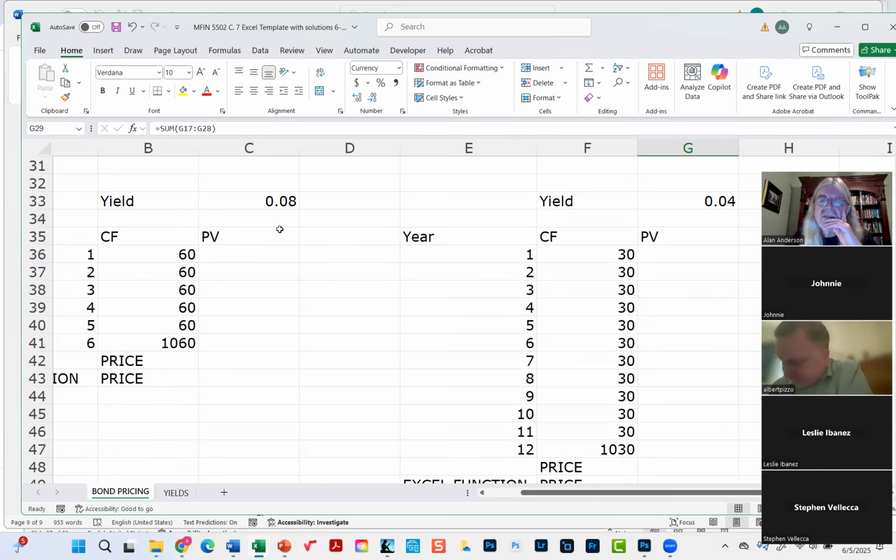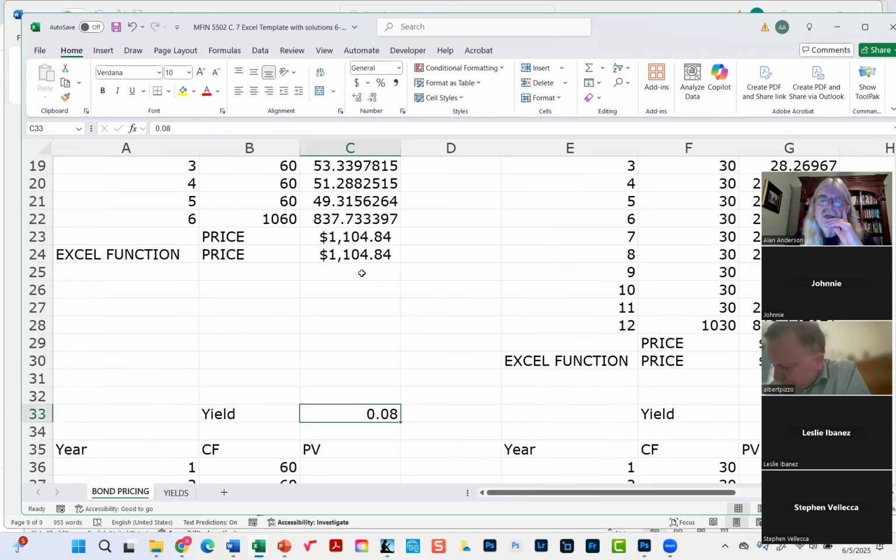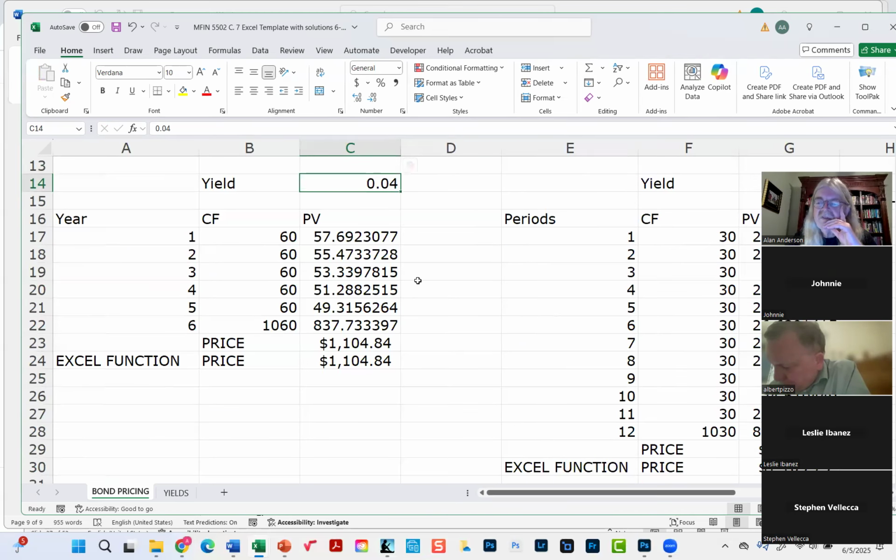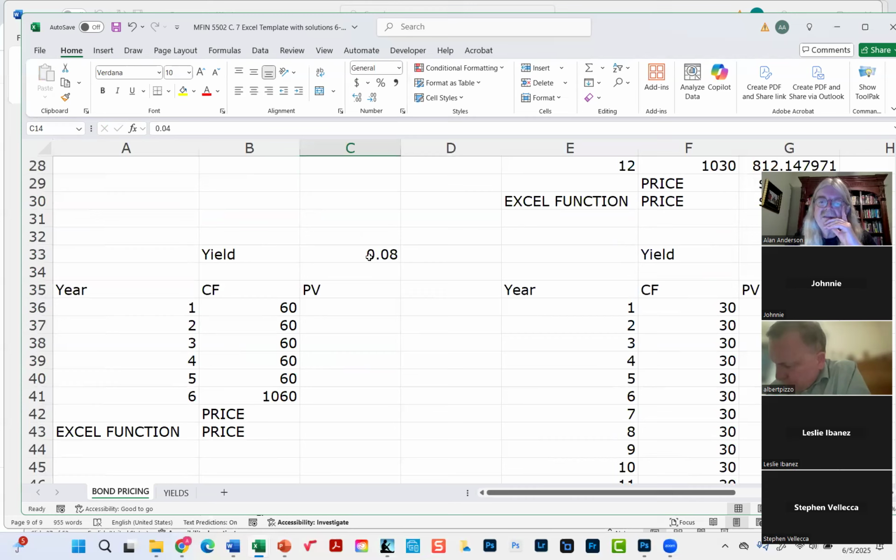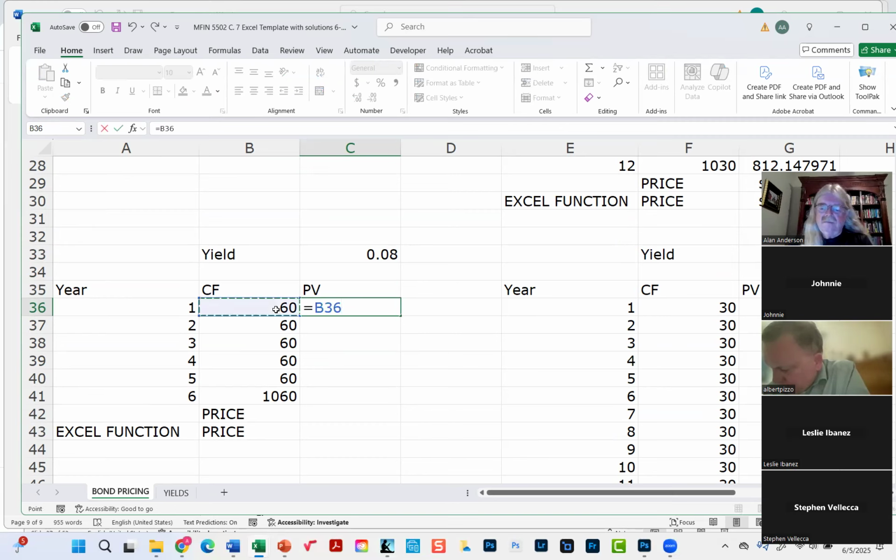Now, in this case, it's the same setup, except that the yield goes from 4% on an annual basis to 8. So if I raise the yield to 8, of course, that means the price of the bond will go down. B36 is the cash flow, C33 is the yield, A36 is the time frame.